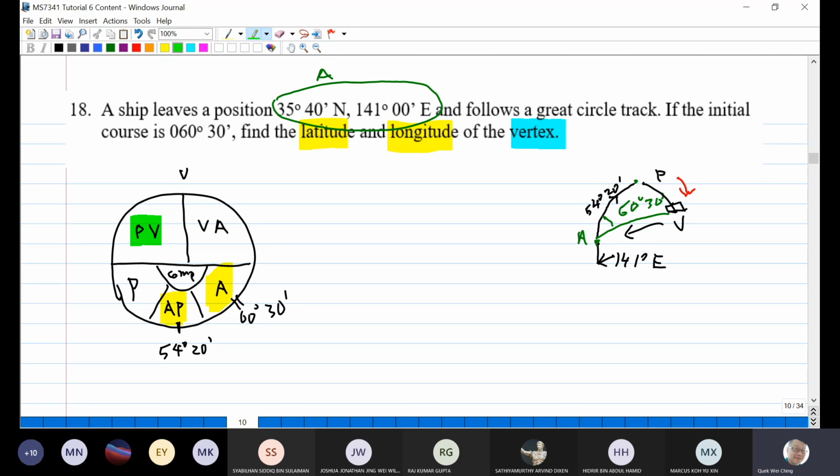Napier's rule will be given to you in the MST, so you don't need to worry, you just have to memorize the formula. Napier's rule says that the sine of the middle part equals the cosine of the opposite parts, because now I have opposites.